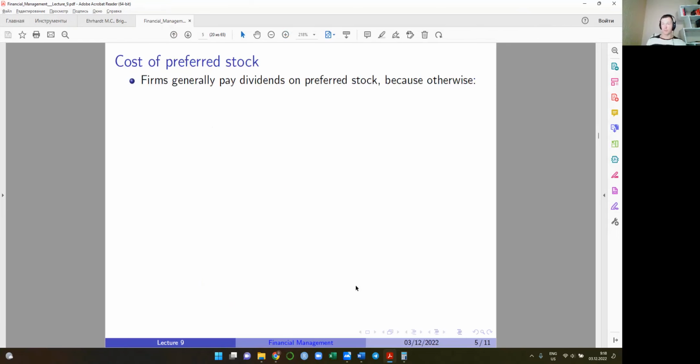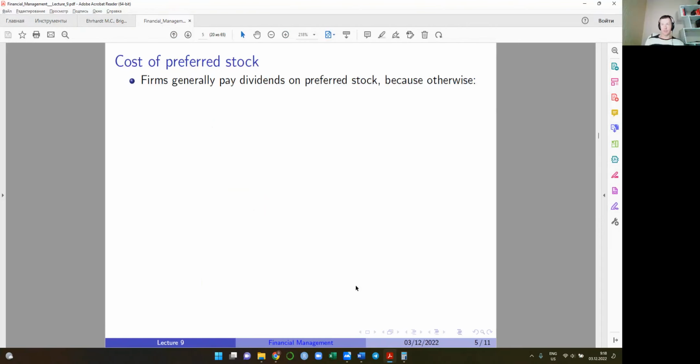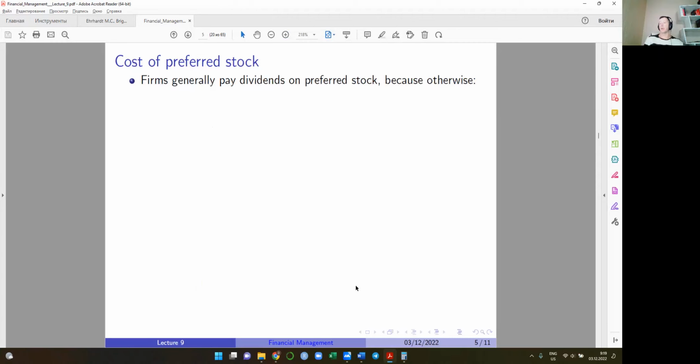Next component, preferred stock. We haven't said much about preferred stock in lecture number 5, and we need to highlight several important features of the preferred stock here. So usually firms pay dividends on preferred stocks.